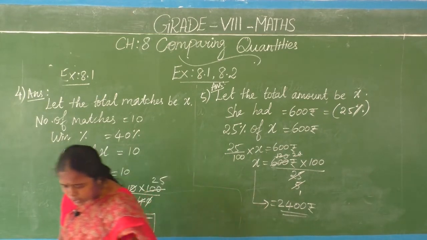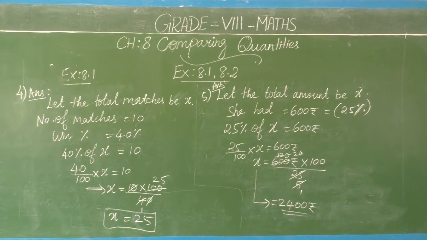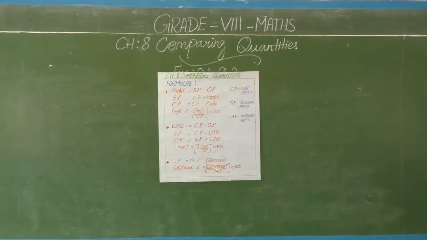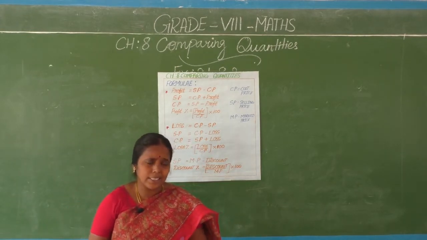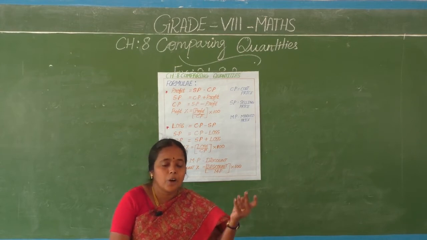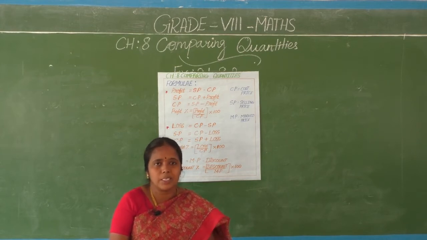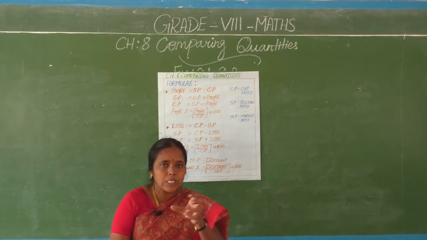Okay. Next we are going to see exercise 8.2. See, in exercise 8.2 we are going to see other topics. What are those? They are also familiar only. Profit, loss, profit percentage, loss percentage, then discount. Okay, discount is a new thing for you.